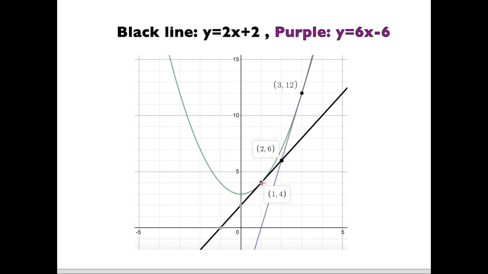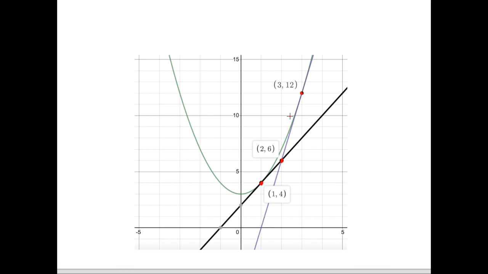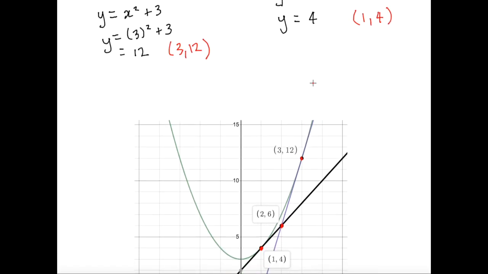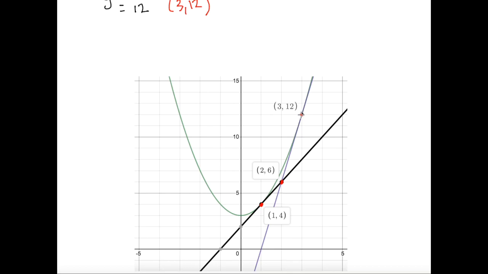And what we've shown is that if we draw a tangent at the point 1, 4, we get this black line here, and that passes through the point 2, 6. And if we draw a tangent on the green line at 3, 12, we get this purple line here. And all of the business we did before was to find these coordinates.